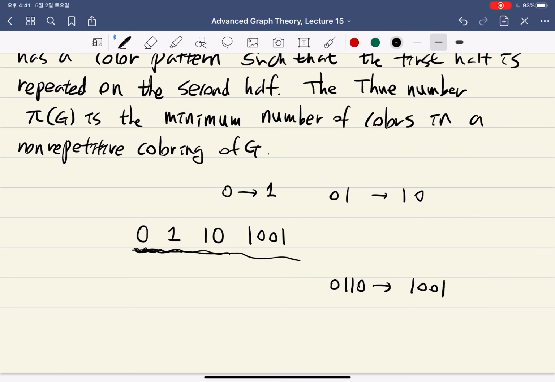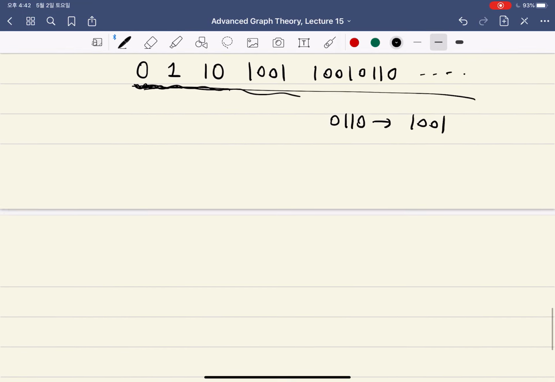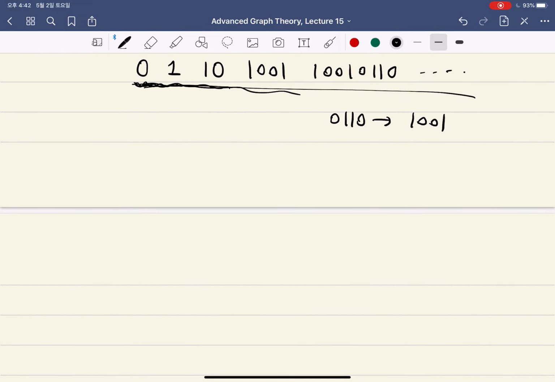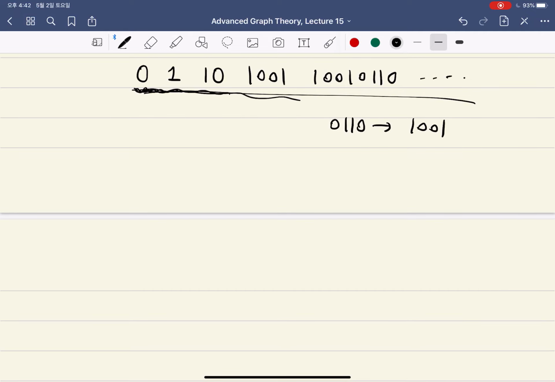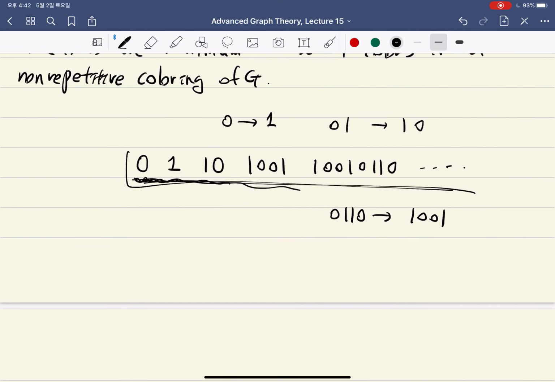So again, you flip everything. Then 1, 0, 0, 1, 0, 1, 1, 0. So this gives you this infinite sequence, an arbitrarily long sequence that you want. This is one way of generating this.